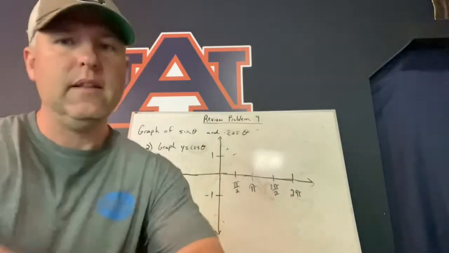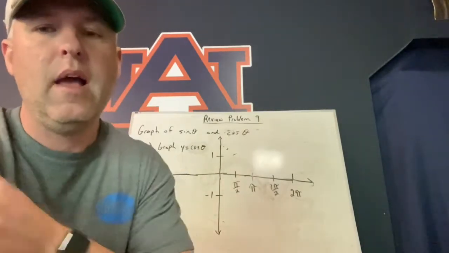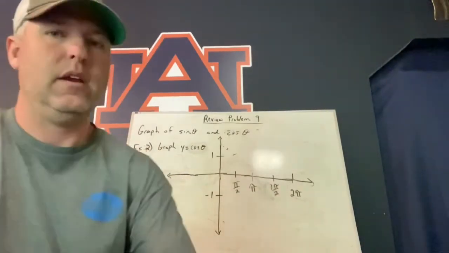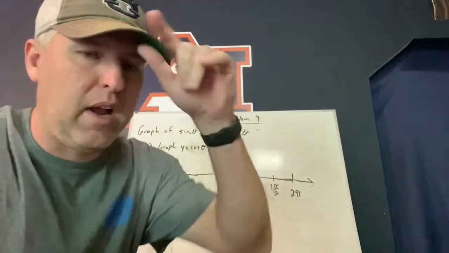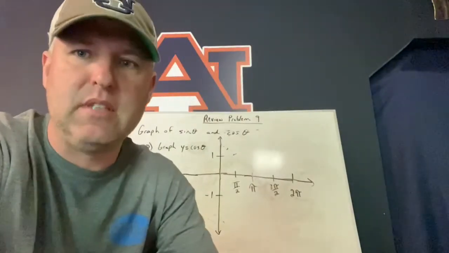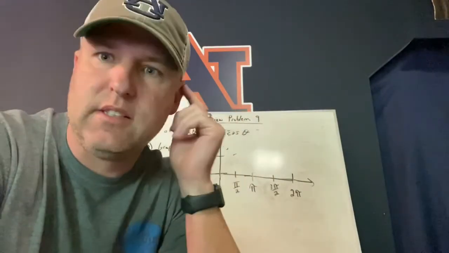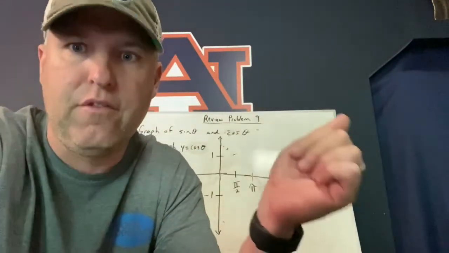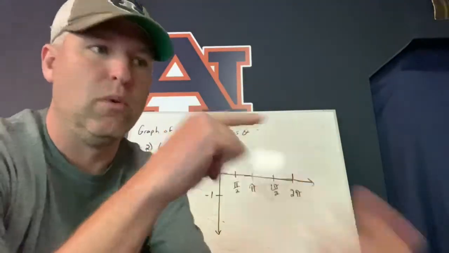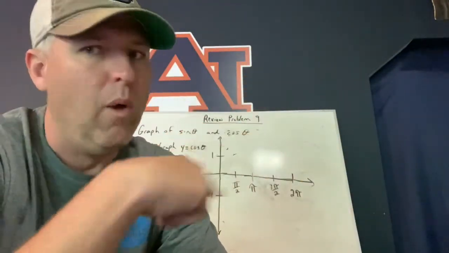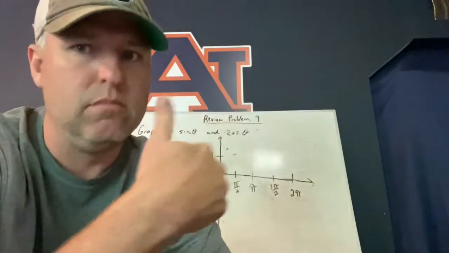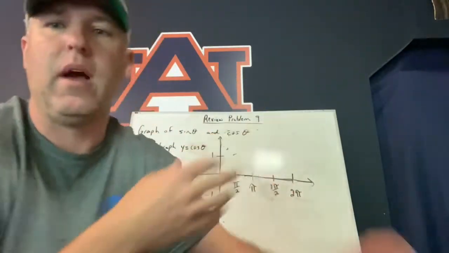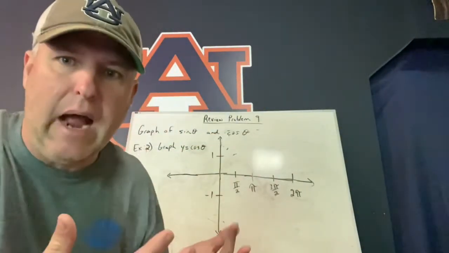Alrighty, so now let's look at example 2, and we're going to do cosine theta here, okay? I just want to show you, because on the test, there's going to be a problem that says, what is this the graph of? It's going to show you a graph, and then it's going to have 4 options. Y equals sine whatever, y equals cosine whatever, okay? And these can be manipulated, right?